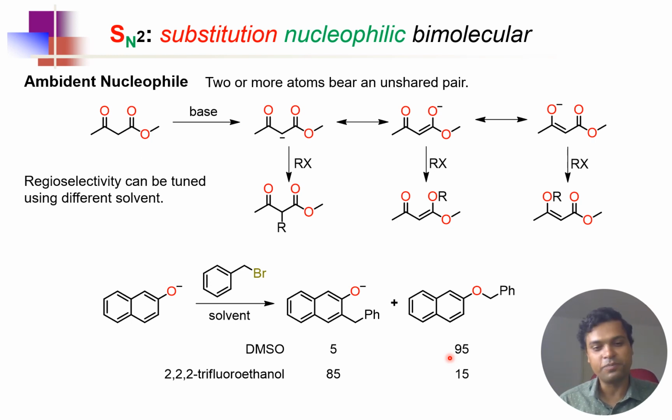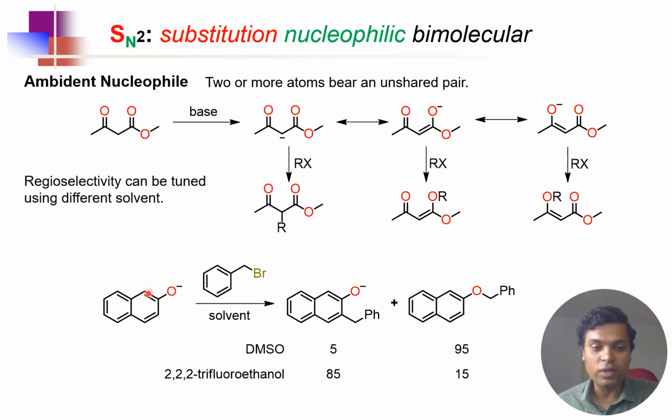Now come back to this example. First take the polar protic solvent. A polar protic solvent has an OH, so the OH can be easily ionized to give O minus and H plus. A polar protic solvent forms very strong hydrogen bonds with this oxygen.